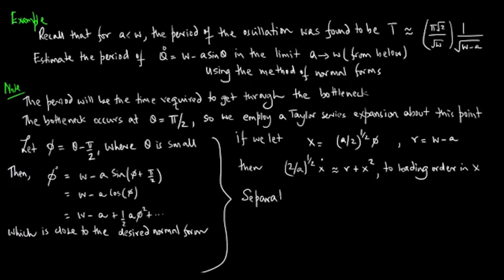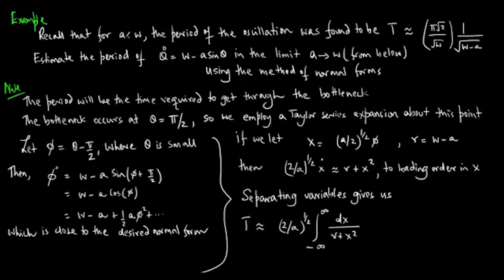So separating variables gives us capital T approximately equal to 2 by a to the half times the integral from minus infinity to infinity of dx divided by r plus x squared, which is equal to 2 by a to the half pi divided by the square root of r. So now we substitute r equal to omega minus a.